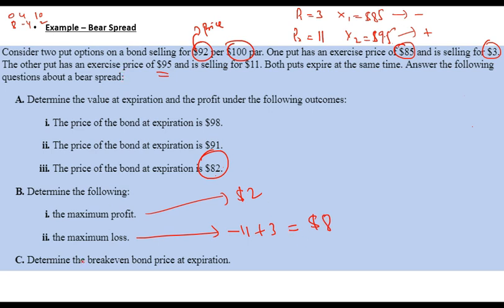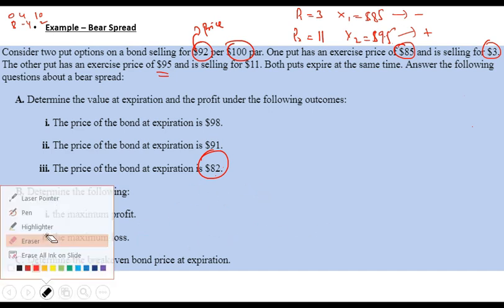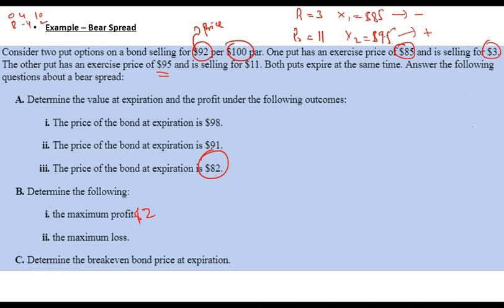$8. And what is the break-even price? 87. How? 95 minus 8. So initially you had spent minus 11 plus 3, which is minus 8.